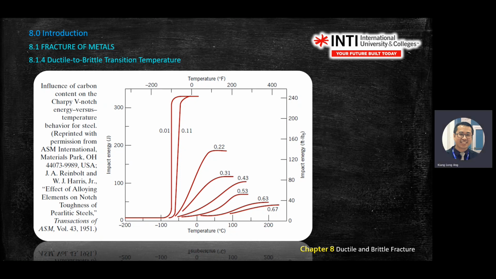But when you go to the Arctic area, it goes to negative temperatures, and you see the energy is much lower. So it changes from ductile to brittle.